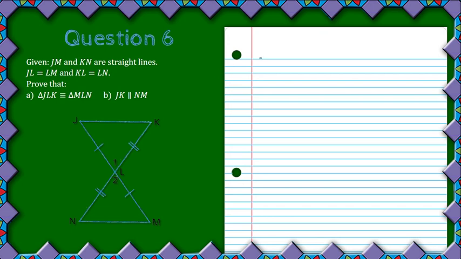All right, so in triangle JLK and triangle MLN, we have our three statements, and two of them are already given. We know that JL is equal to LM, given, and we are given that KL is equal to LN, that's a given.